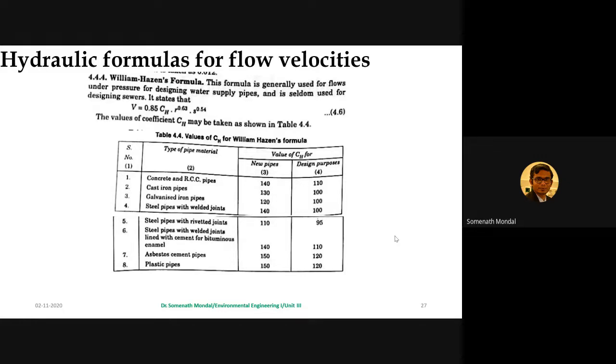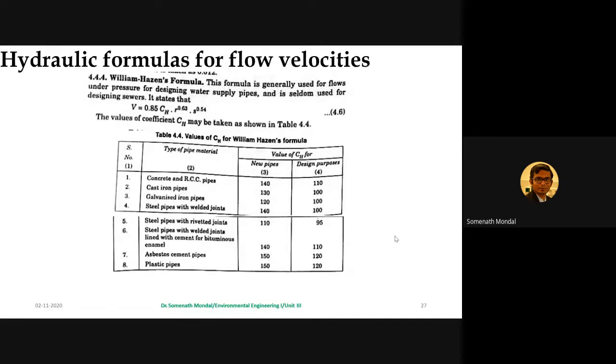So in this case also, if you see, concentrate on the formula. So here, apart from R and S, we have another term, that is CH. So CH is a coefficient, or we can say the coefficient of Williams-Hazen's formula, and that CH again can be obtained depending upon the type of material for the sewer pipes, and for different types of material we have different values.